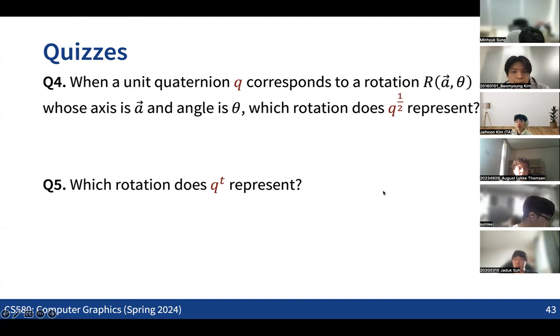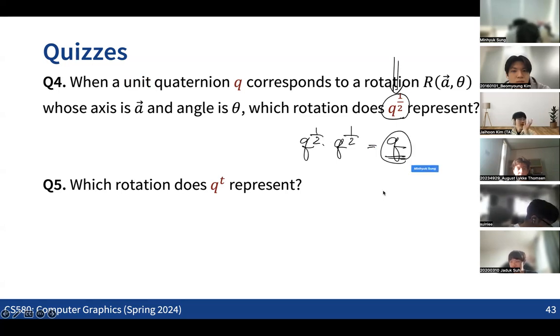If we multiply it twice, then it should be Q, which is this rotation. So the square root of the quaternion should represent the halfway of the rotation.